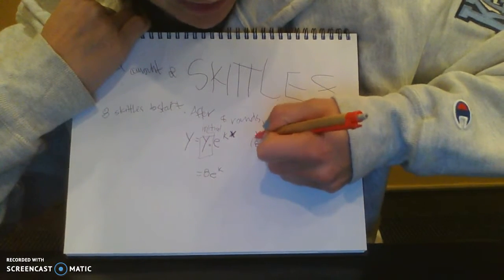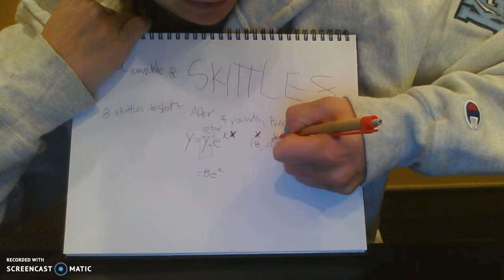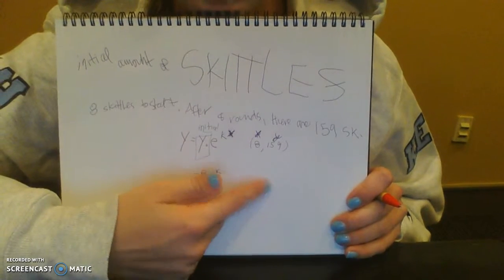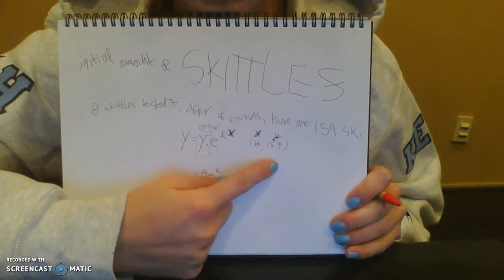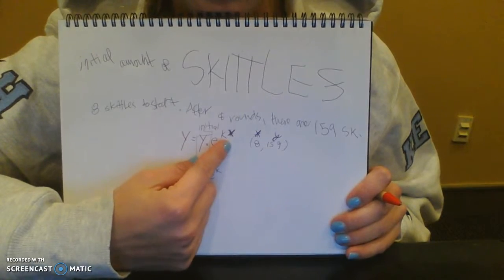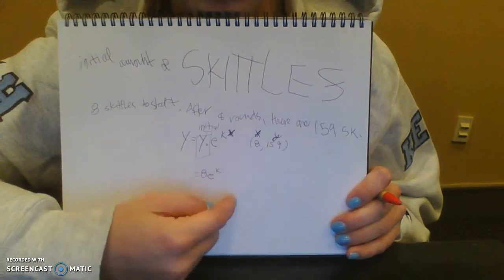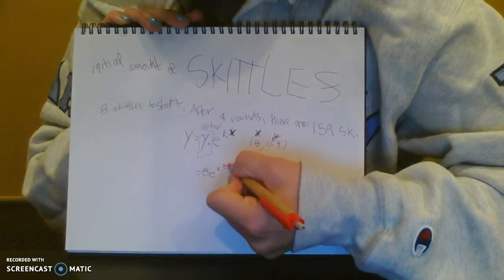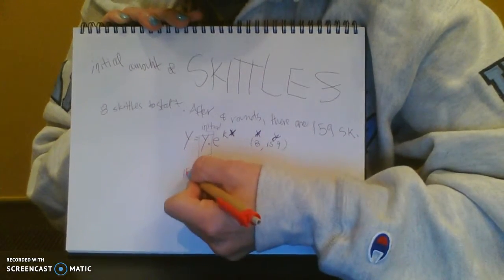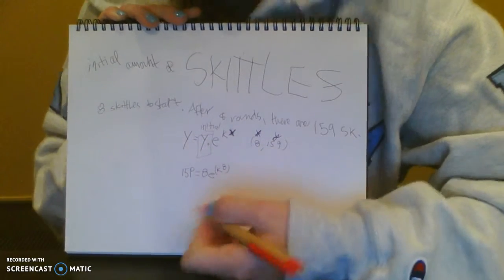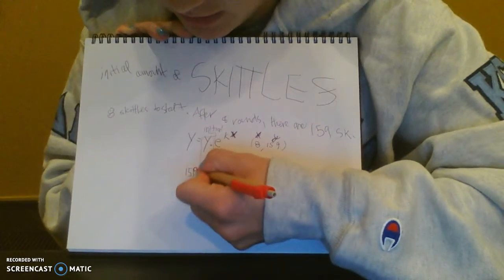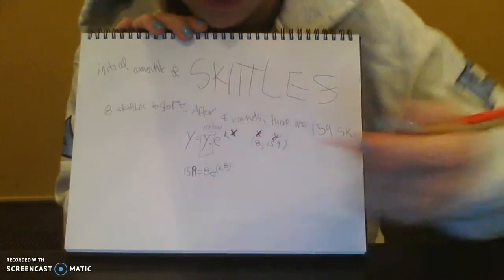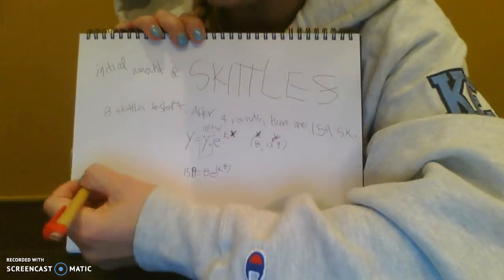This is an X, and that's a Y. This XY data point is going to go in my equation for X and Y, so that the only variable that I have is K. So I'm going to be raising this to the 8K and set it equal to 159.